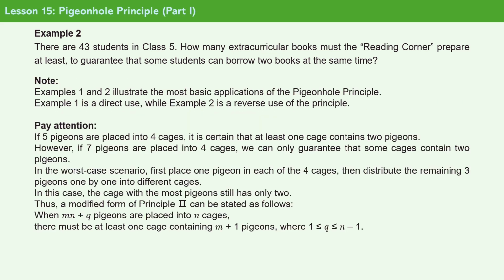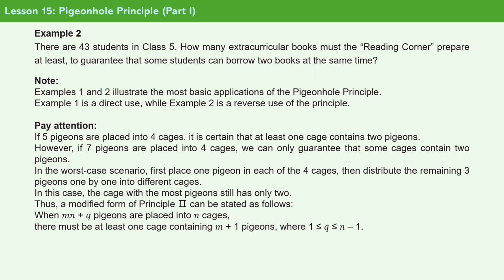Examples 1 and 2 illustrate the most basic applications of the Pigeonhole Principle. Example 1 is a direct use, while example 2 is a reverse use of the principle. Pay attention: if 5 pigeons are placed into 4 cages, it is certain that at least one cage contains 2 pigeons. However, if 7 pigeons are placed into 4 cages, we can only guarantee that some cages contain 2 pigeons.